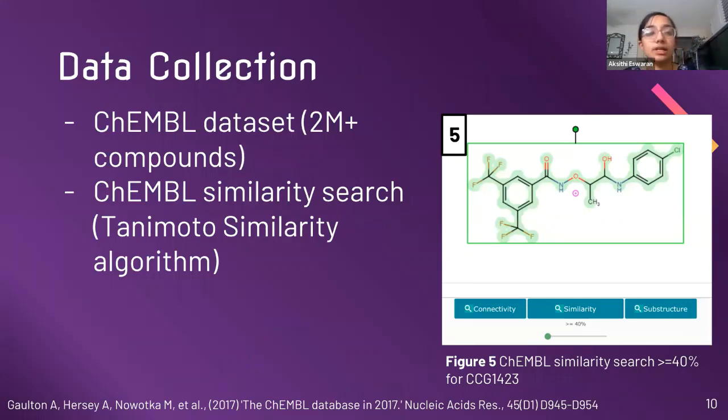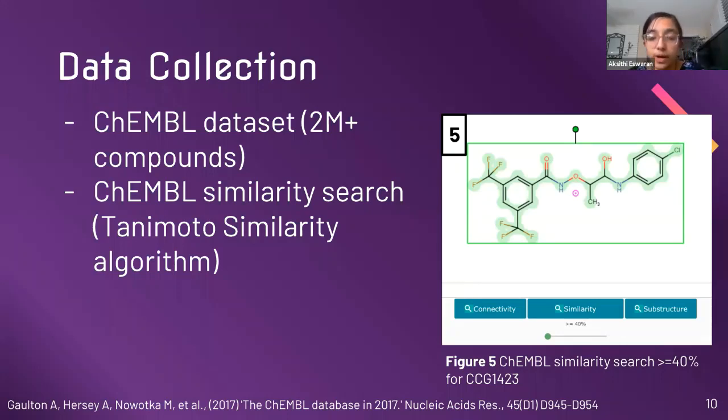The first step in our methodology is data collection. We've used the ChEMBL dataset, which has over 2 million compounds. ChEMBL has a feature called the similarity search. For any given compound, you can search for similar compounds at a specific similarity threshold, like 40%, 50%, etc. We've used the 40% similarity threshold.